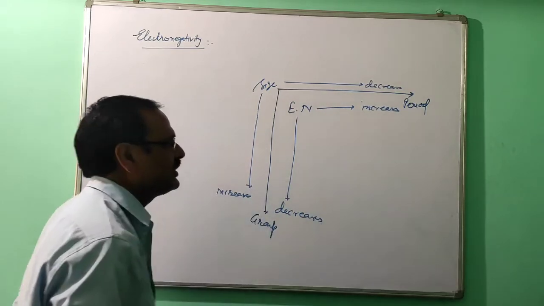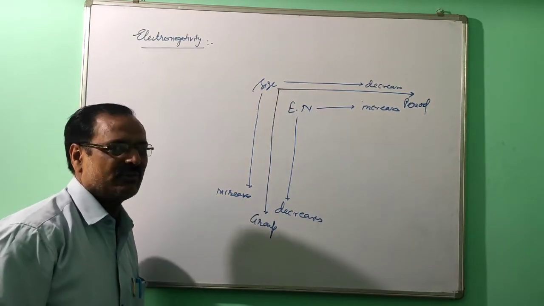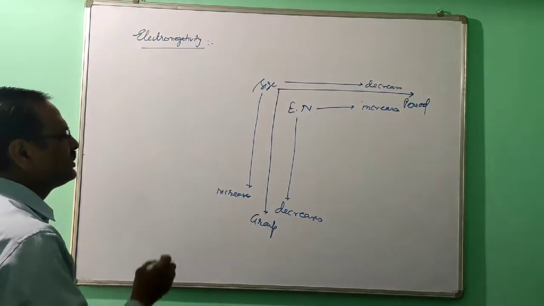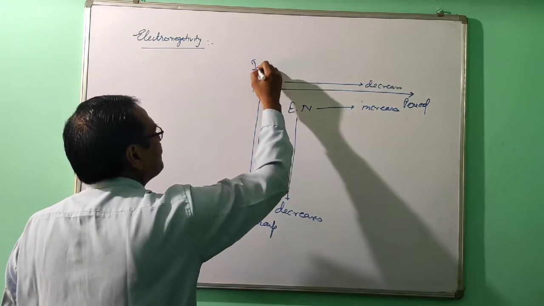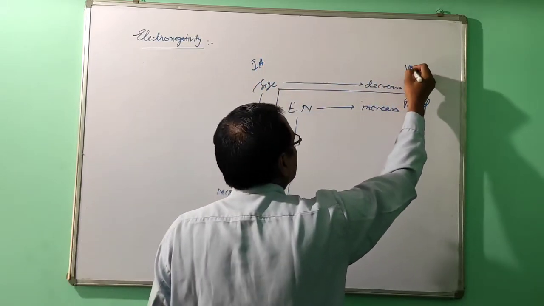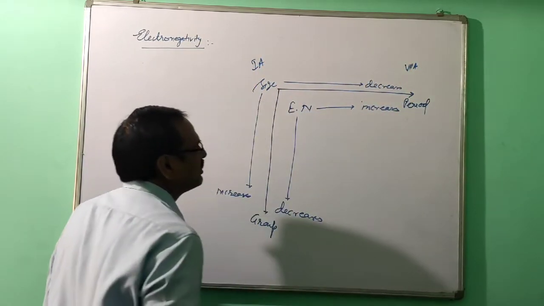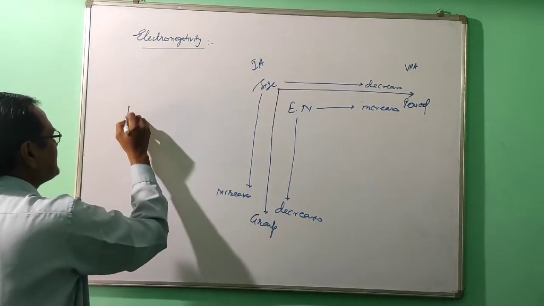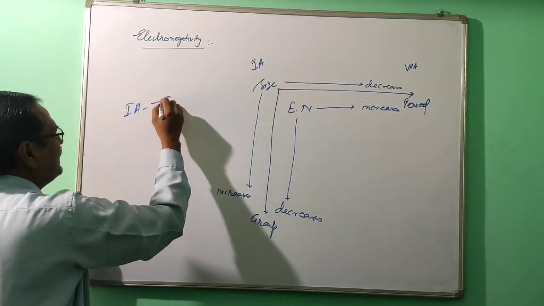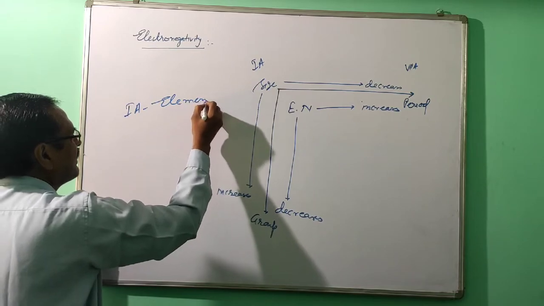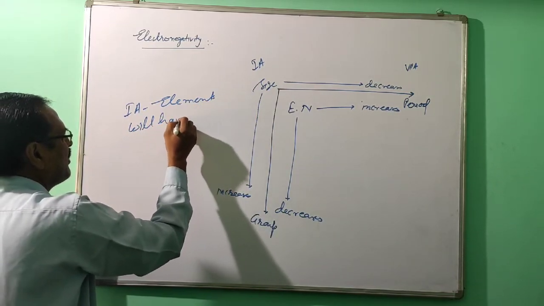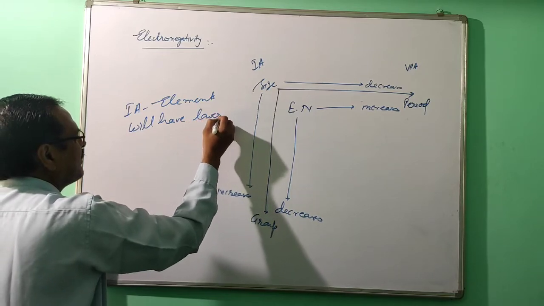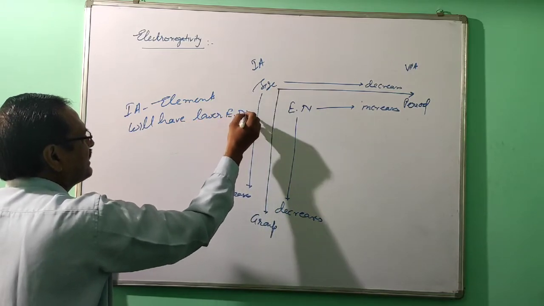So now the question for you, which elements will have lower electronegativity? Just to see, electronegativity increases, so here first A is there and there 7A. So that first A elements will have lower electronegativity.